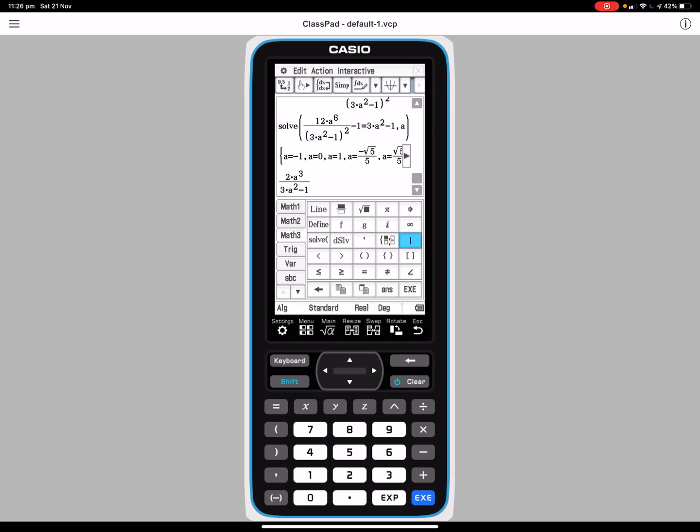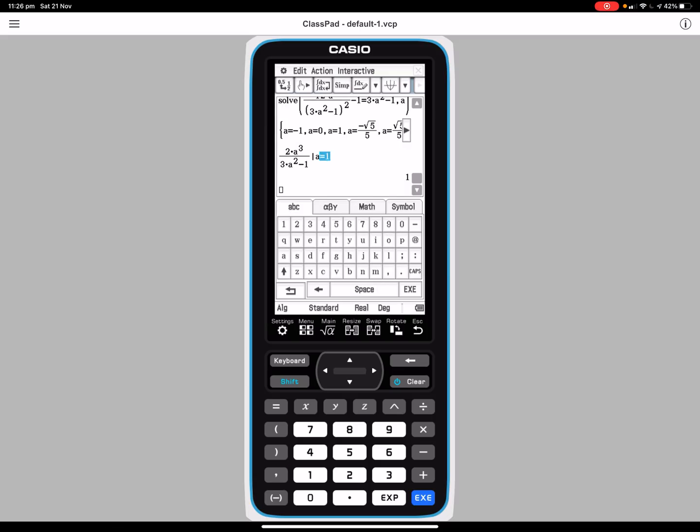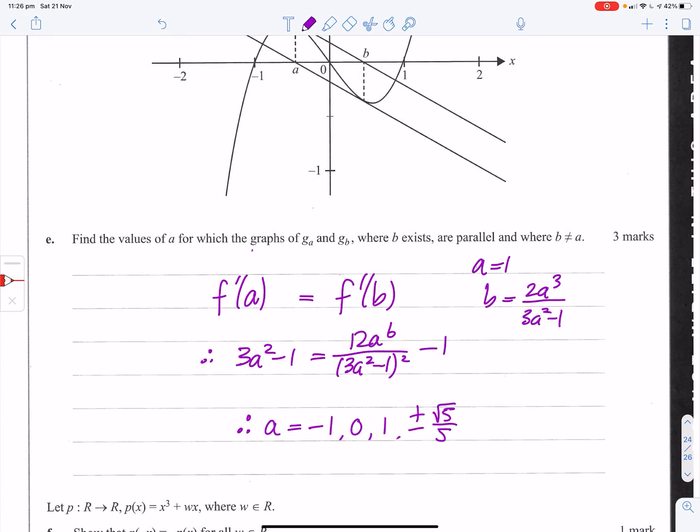Given A equals 1, B is also equal to 1. Given A is 0, B is also equal to 0. If A is -1, B is also -1. In this case here, A equals B. Therefore, A is equal to plus or minus root 5 on 5, because we can't have those values because it says B can't equal A.